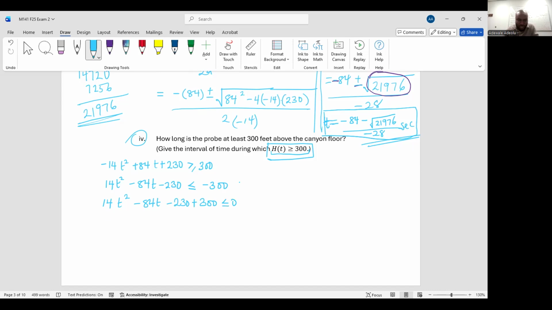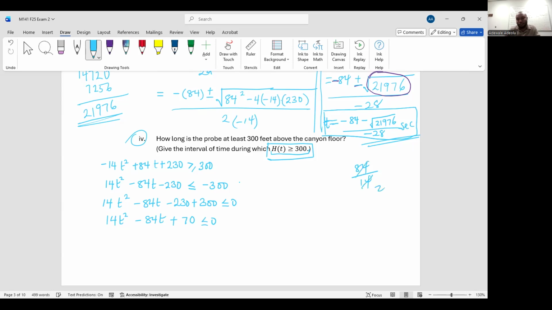So what do I have? I have 14t squared minus 84t plus 70 less than or equals to 0. I can divide through by 7. Let me try with 7. I can divide 14 by 7, and I should be able to divide 84 by 14.